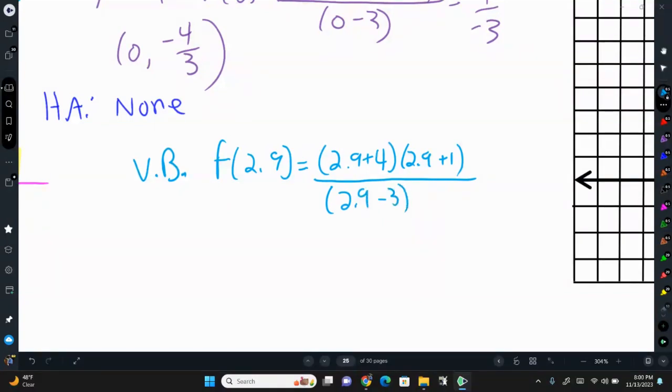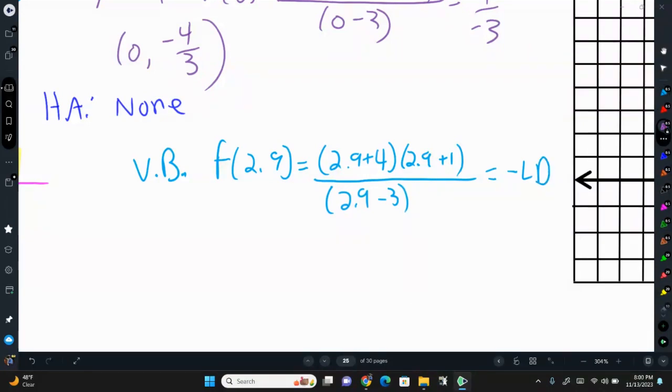The numerator is going to be positive because we just have addition and we're adding a positive 2.9. The denominator is going to be negative because 2.9 minus 3 gives us a negative value. So negative, which means the left side goes down.